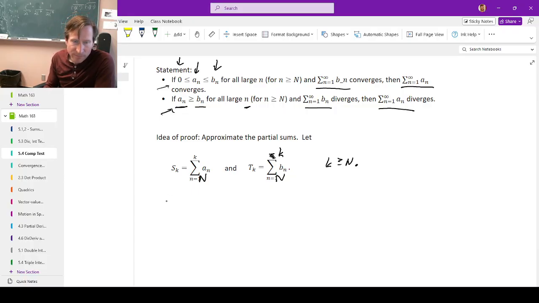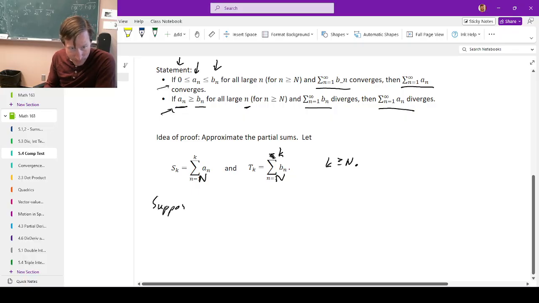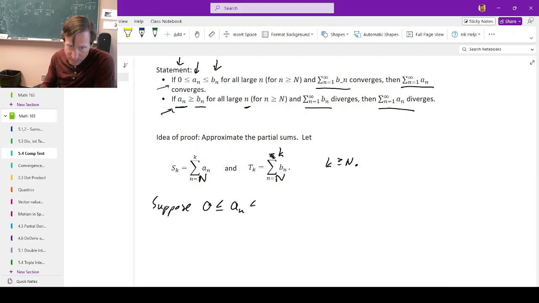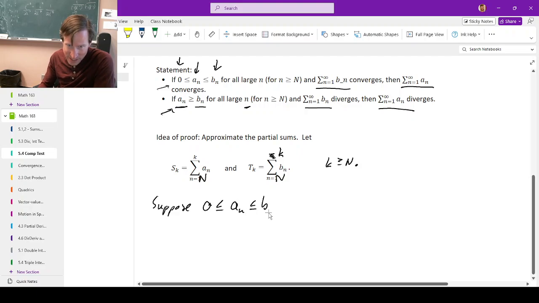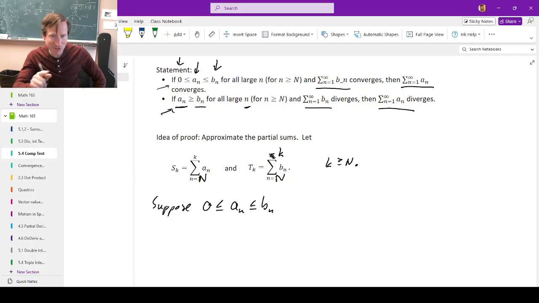so for the first case, let's suppose that our terms, the a's, are trapped between 0 and the b's. So 0 is less than or equal to a sub n, which is less than or equal to b sub n.